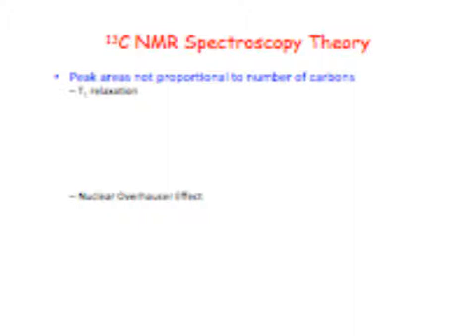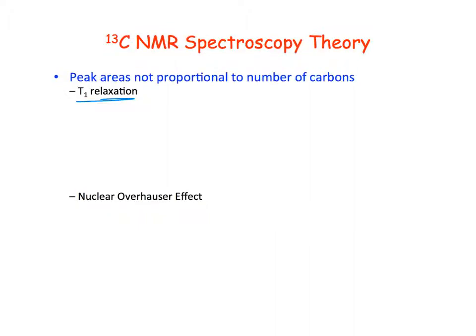So, this is one reason why we can't directly integrate the carbon signals. One, the first one I've got here, is that the relaxation rates for different carbons have a very wide range. Okay?